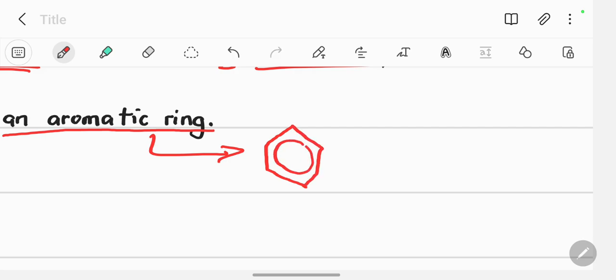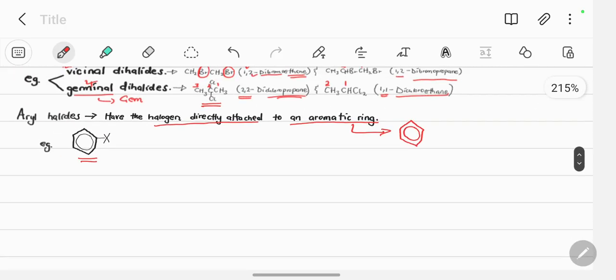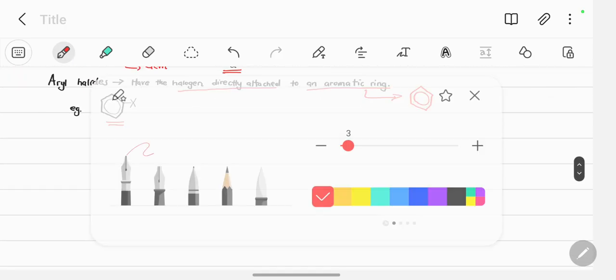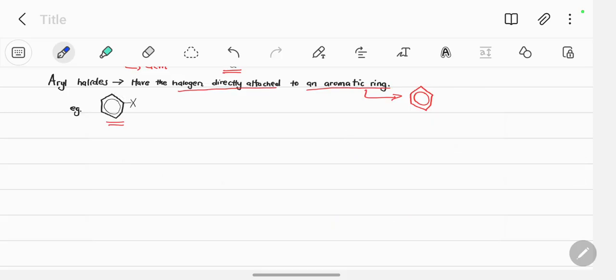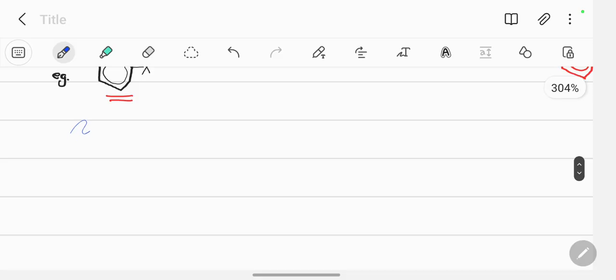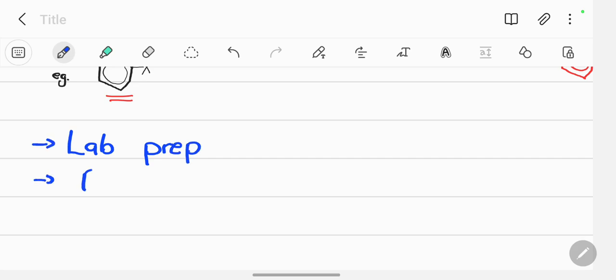So aromatic rings are the benzene rings. Now, as you've been following our interactions, our point of focus is going to always be lab preparations, then we look at reactions, and the uses.